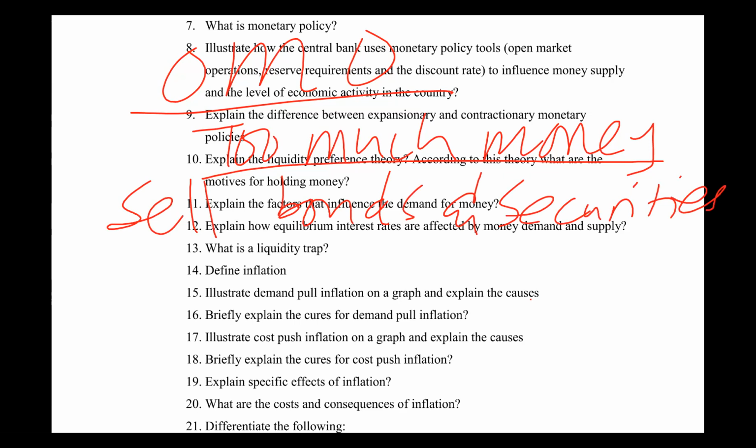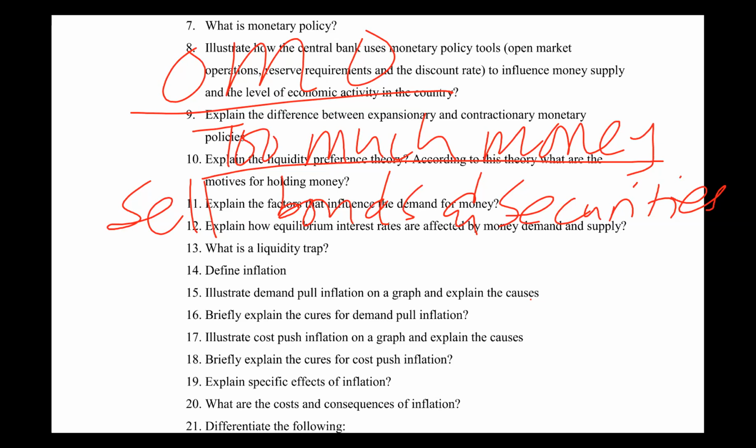So when the government starts selling the bonds and the treasury bills, the idea is that you should take your money to the central bank, then you remain with the securities. You'll be using the money to buy securities. So that money that you're taking to the central bank, the central bank shall keep.